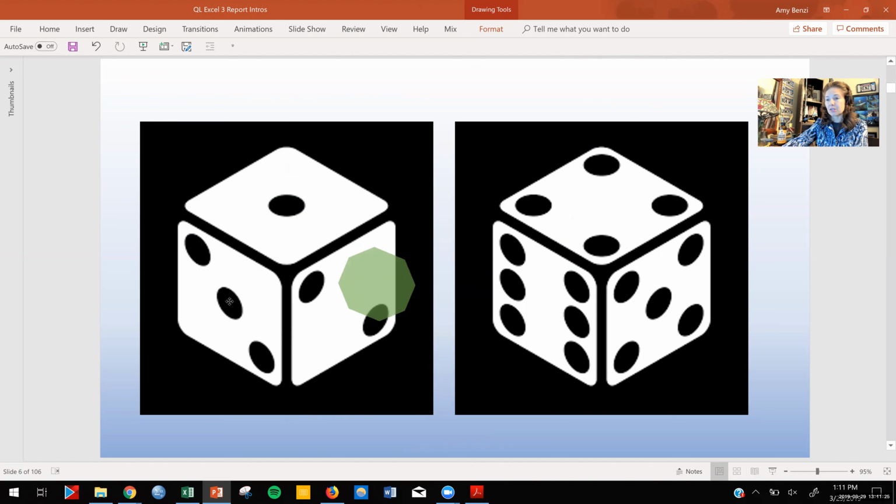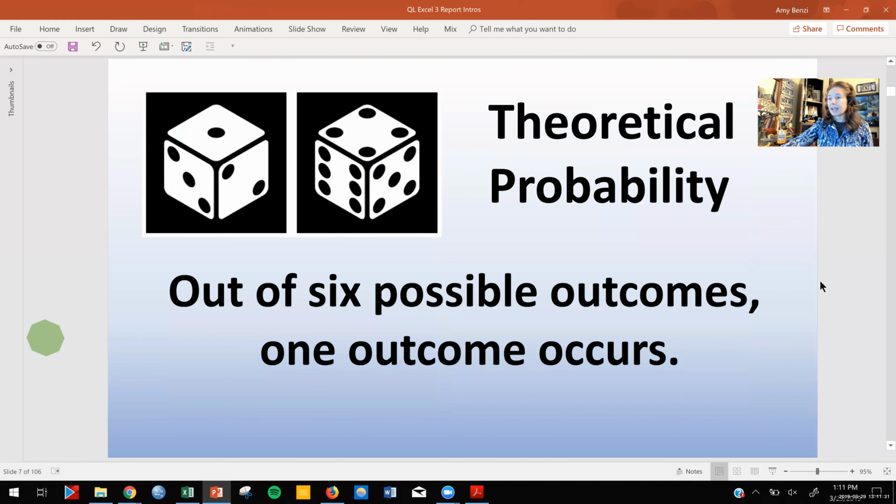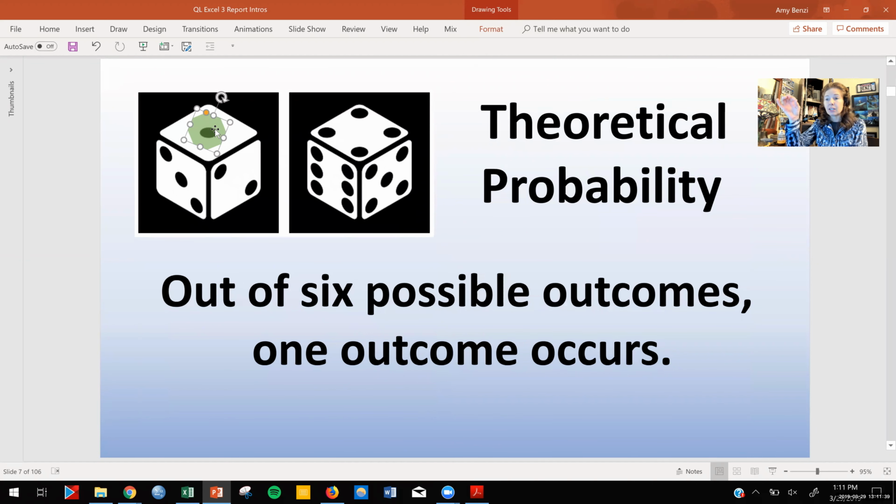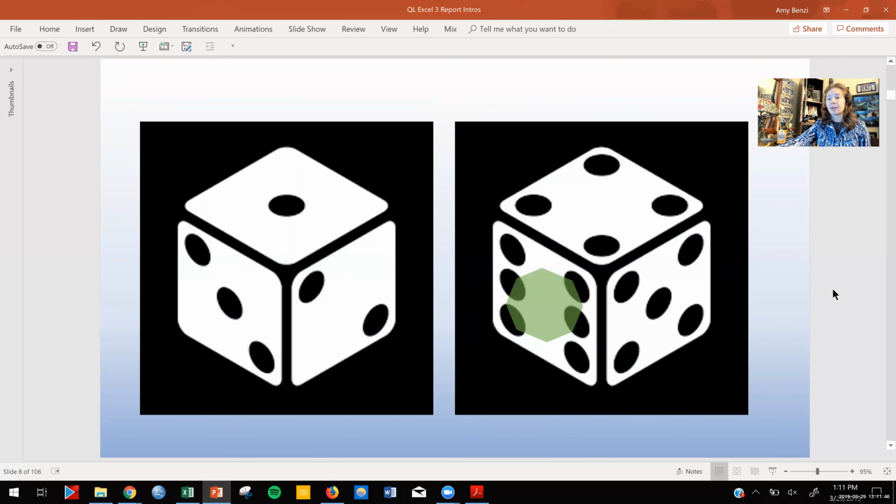So we have 1, 2, 3, 4, 5, 6, which means that I have a probability of any one of these numbers rolling. So the probability of rolling a 1 is 1 out of 6. So I'm always looking at how many out of the total number. In this case, I want to know the probability of rolling a 6.